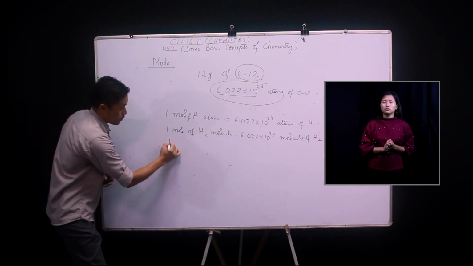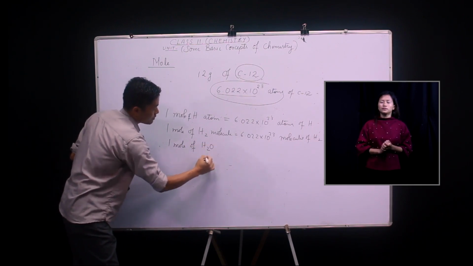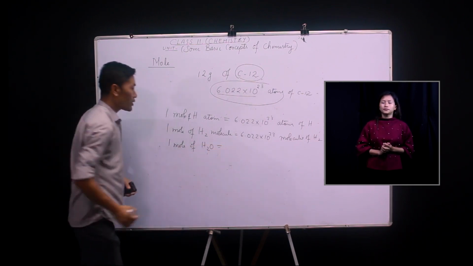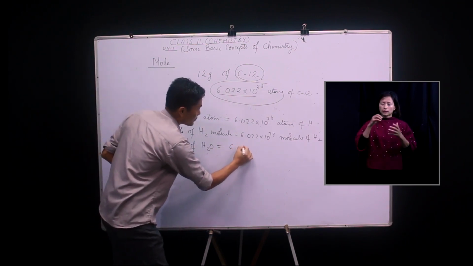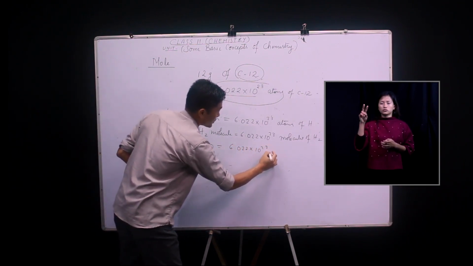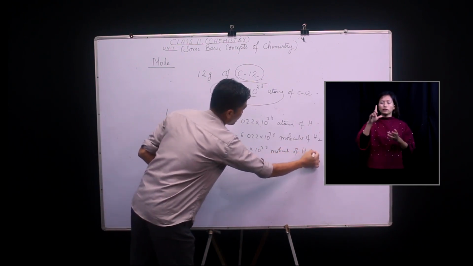Likewise, if we take 1 mole of H2O, 1 mole of H2O will contain 6.022 into 10 to the power 23 molecules of H2O.